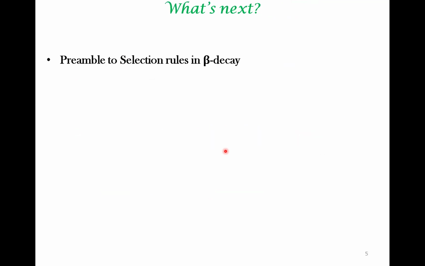In the next lecture, we will give a preamble to selection rules in beta decay. The objective is to get some broad issues connected to quantum mechanics without going into a lot of details, and give you a physical picture on the basis of selection rules in the context of beta decay.